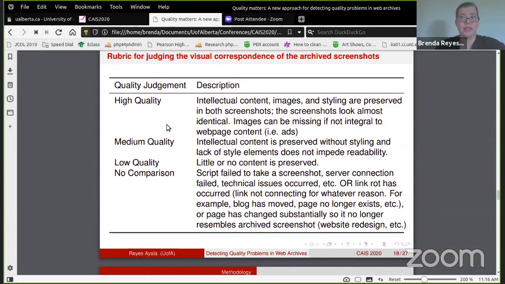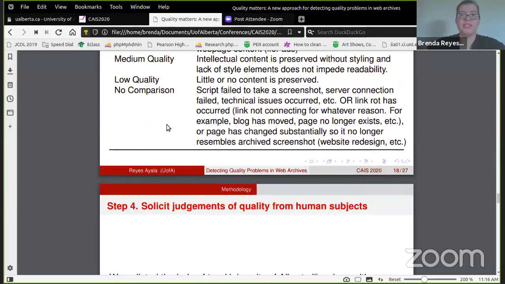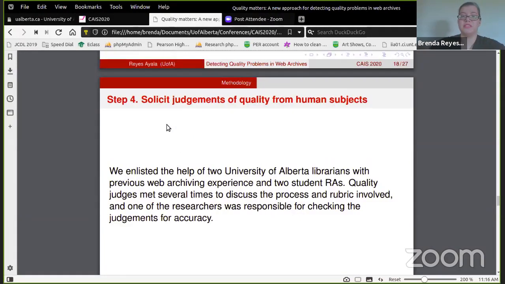Low quality. And no comparison means that there was a technical issue with taking the screenshot, or there was link rot where the page is no longer available, or maybe the website has changed so much that a comparison isn't really meaningful anymore. Right? So we solicited judgments of quality from human subjects.